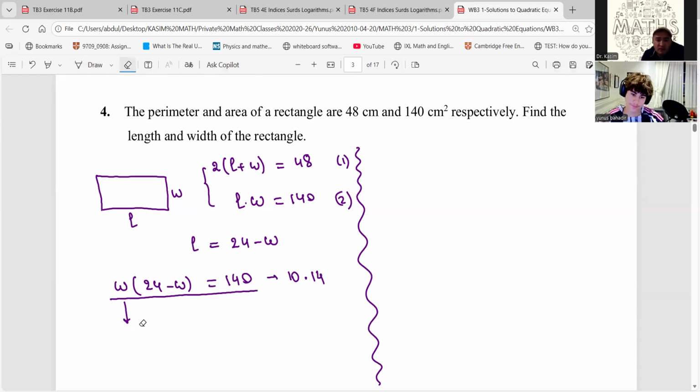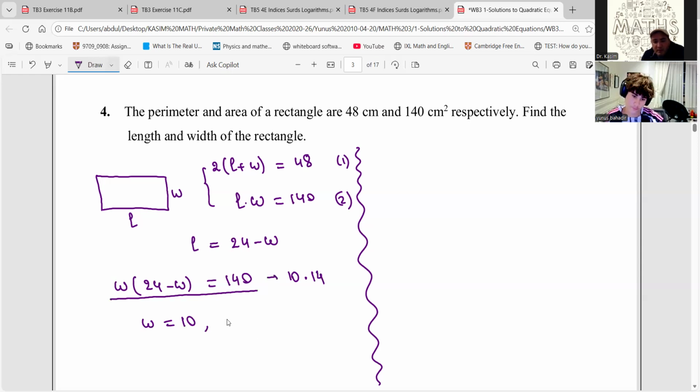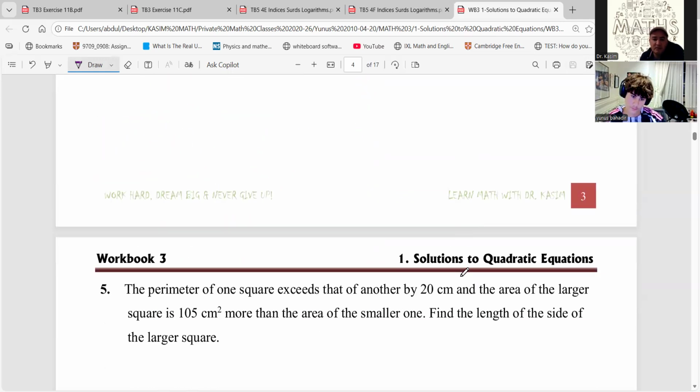So if W is equal to 10, 24 minus 10 is 14, it works. Then what is the length? The length should be 24 minus 10, it is 14. Because the solutions are whole numbers, that's why we can get the answer quickly.